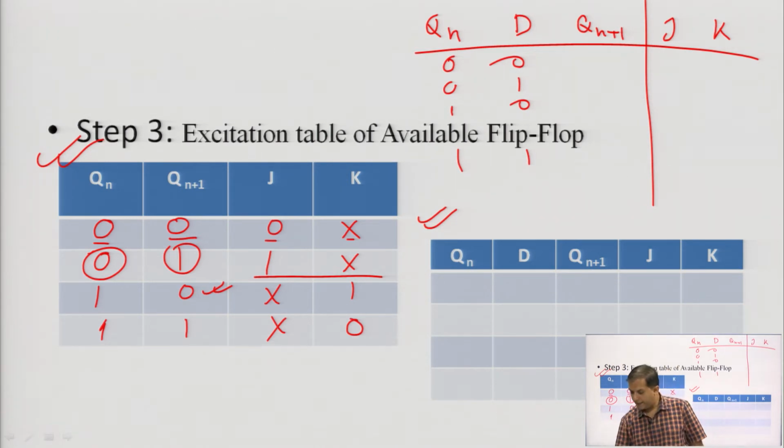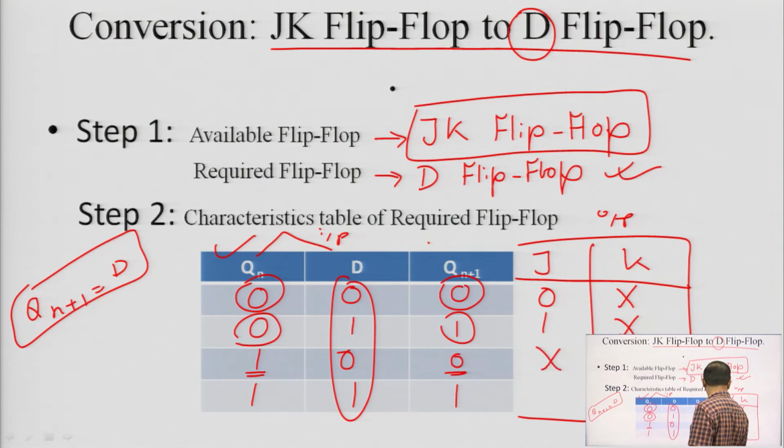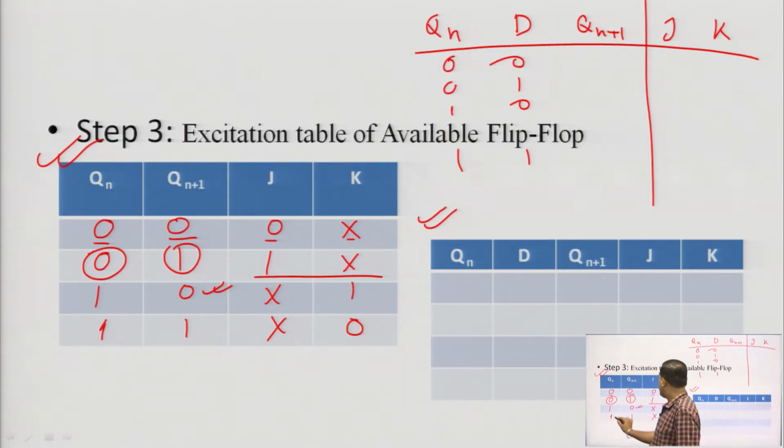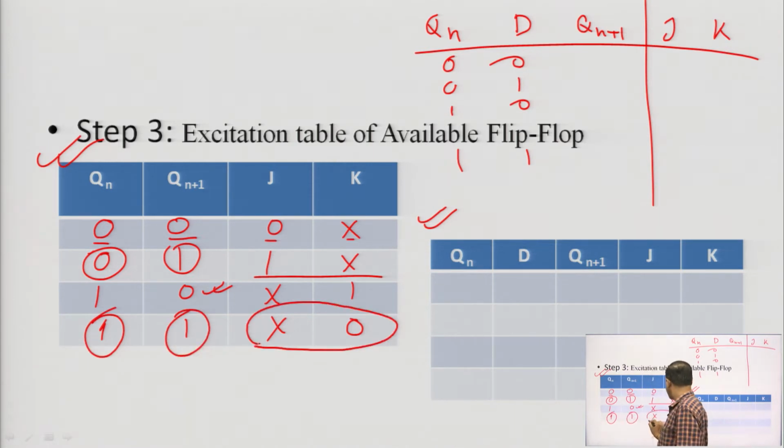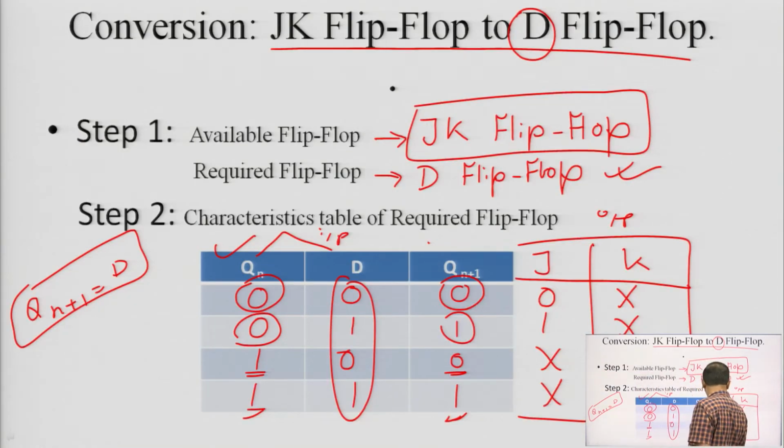We will write it like this: cross 1. And the last condition, Qn 1 and Qn plus 1 is 1. For this, J and K will be cross and 0. So, let us write it like this: cross and 0. So, this is the final table we have made using the excitation table and characteristic table, right.